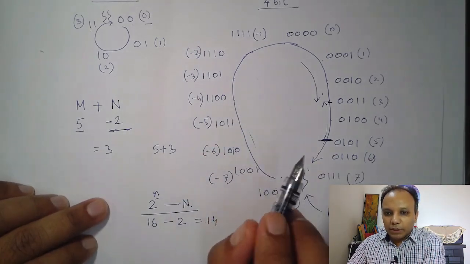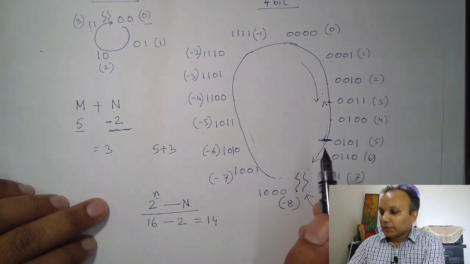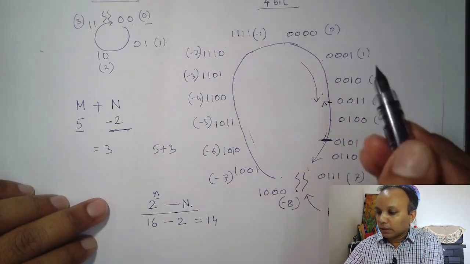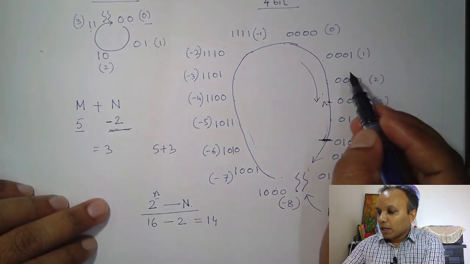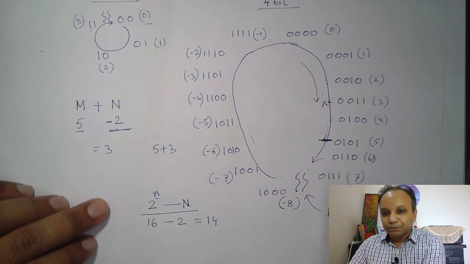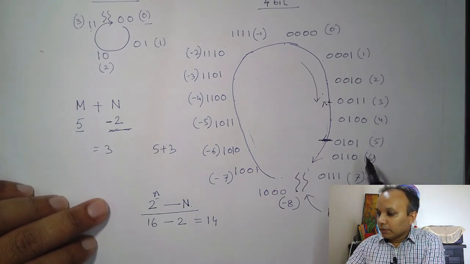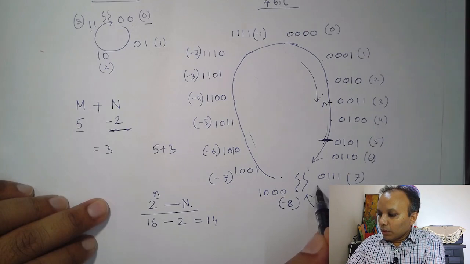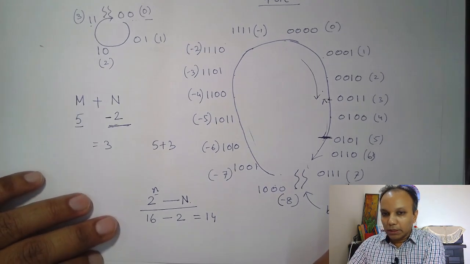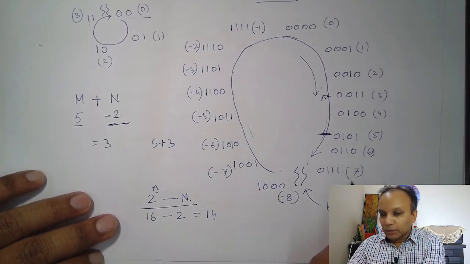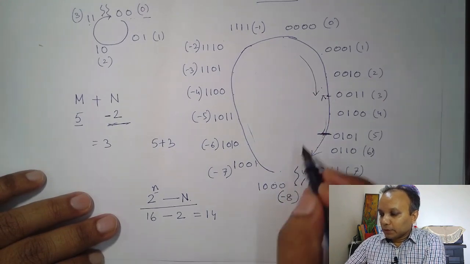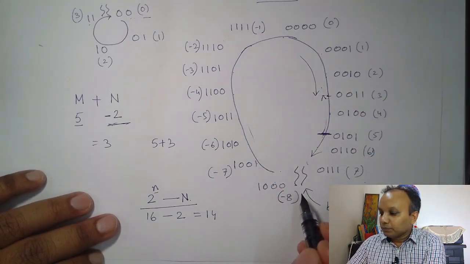Now some interesting characteristics of this number circle is that we are starting from 0, and this is representing the number 0. We are incrementing it in the clockwise direction till 0111, which is representing the number 7. This is a continuous increment.